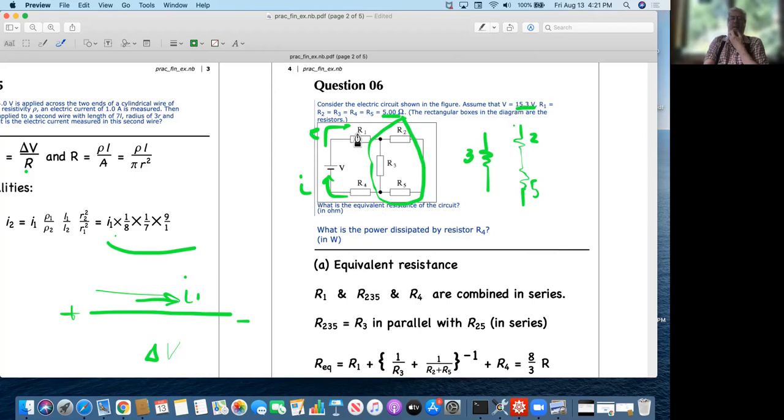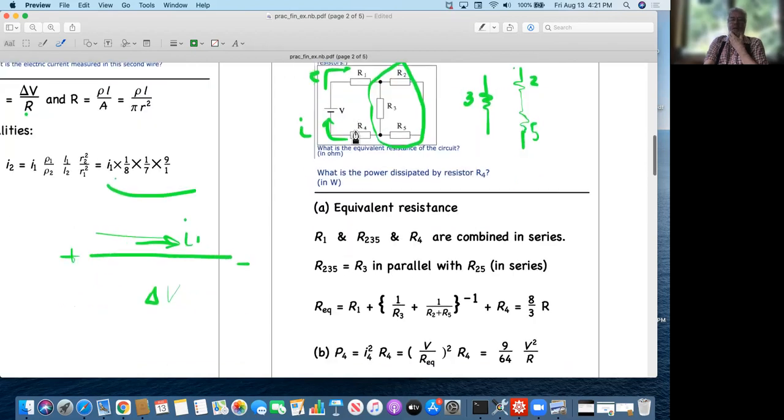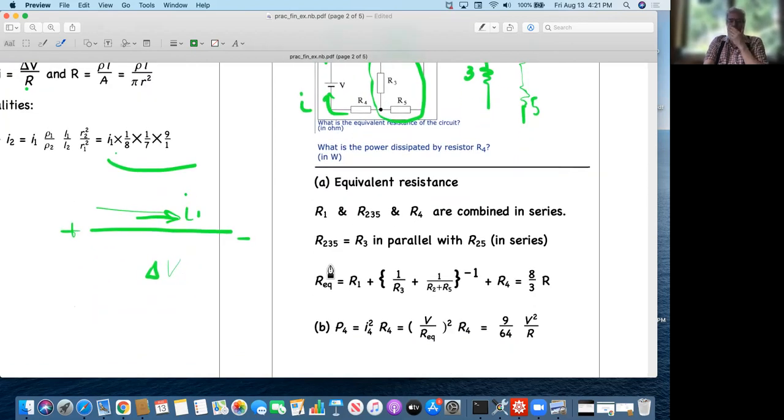That current is delta V over R equivalent, because all of these 5 resistors can be combined together into one equivalent resistance, 8/3 R. So then the current goes through a resistance of 8/3 R. That means the current is delta V divided by 8/3 R. Well, what's the power?